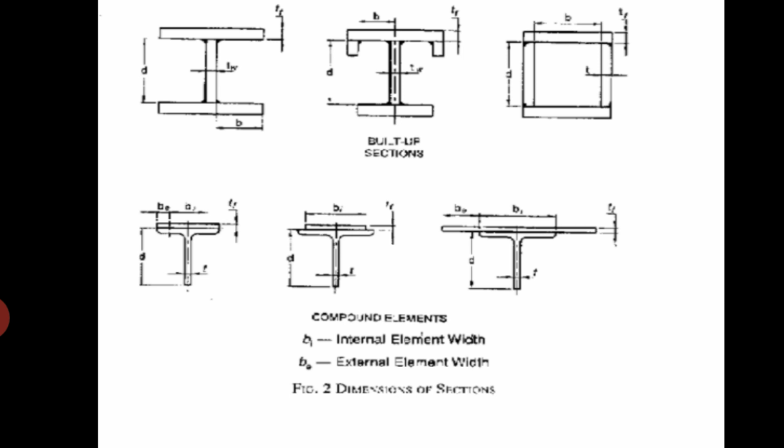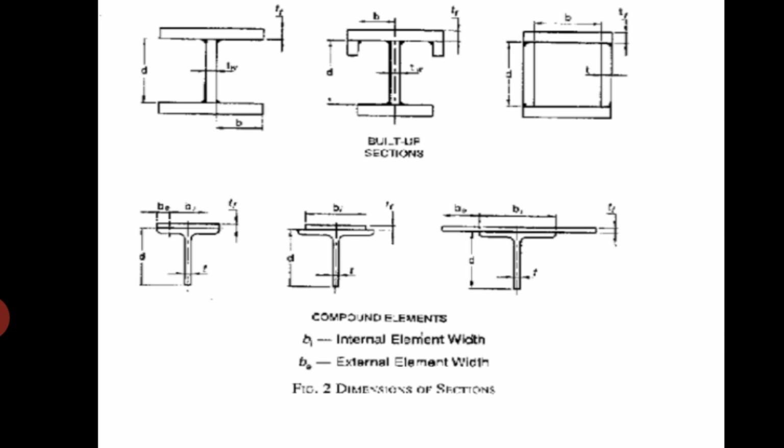So likewise external elements also, external elements they are marked here. External element, look here, external element is marked here. Here also external element B. So these are the elements attached along only one of the longitudinal edges to an adjacent element, the other edge being free to displace out of the plane.